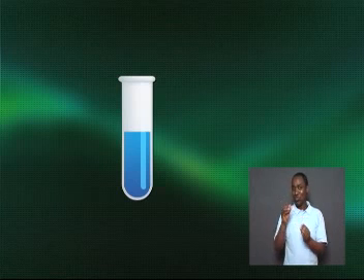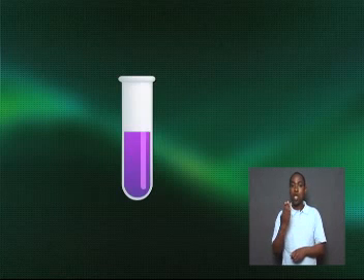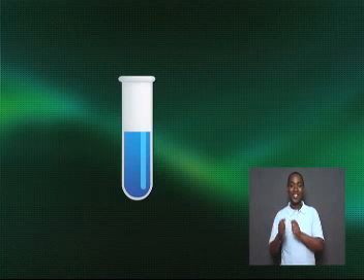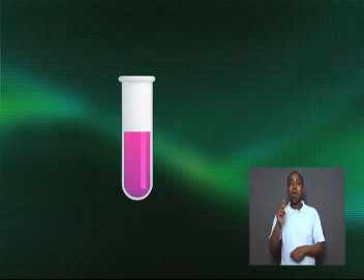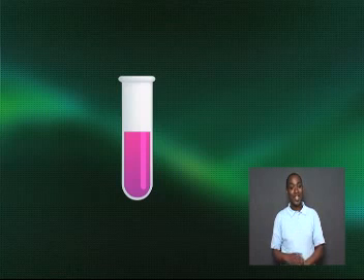The reagent turns from blue to violet in the presence of proteins, and from blue to pink when combined with polypeptides. The intensity of the color is directly proportional to the protein concentration of the solution.